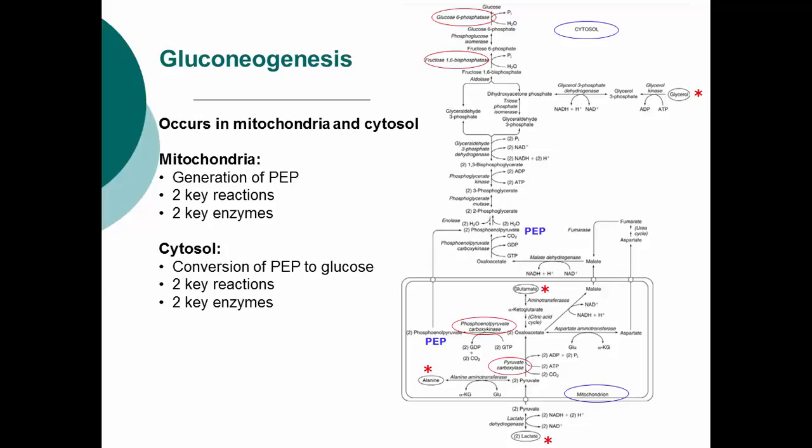Remember, we will talk about this. And if glycerol is the precursor, this will only go through key reactions in the cytosol, right? And will convert it to glucose. So it depends, again, on what type of precursor I use for gluconeogenesis. The process can be different.